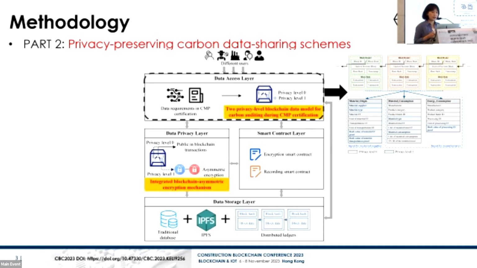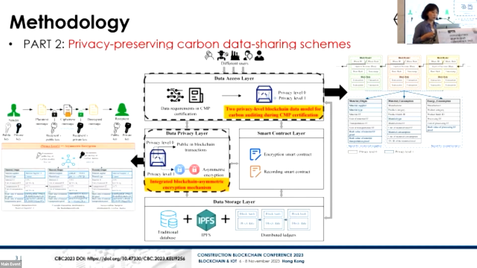First, as a data access layer, we propose a two-privacy-level blockchain data model for carbon auditing during certification. In this data model, we classify different carbon data with different privacy characteristics.